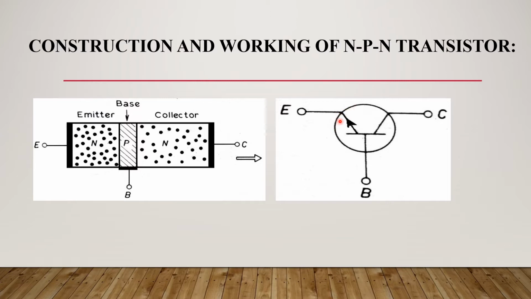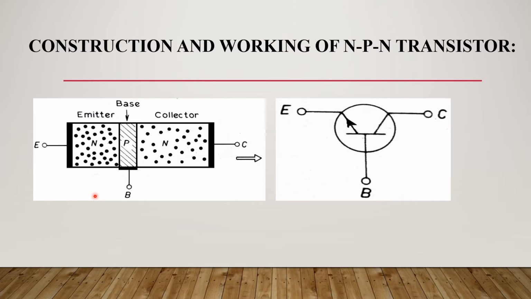In NPN transistor, it is towards the circle, and in PNP transistor it is towards the base, that we are going to see in a further video. So here we can observe, and which is quite clear, the construction of this NPN transistor. NPN transistor consists of 2N and 1P. Okay. And this is the most commonly used transistor.